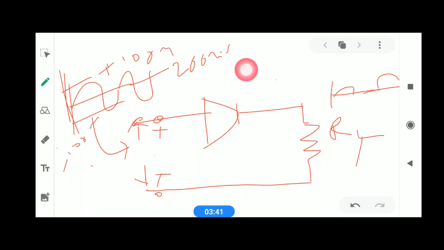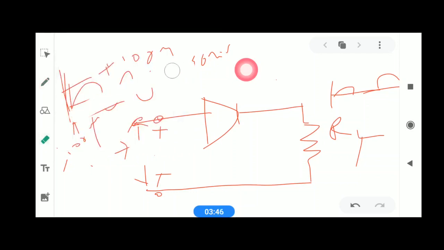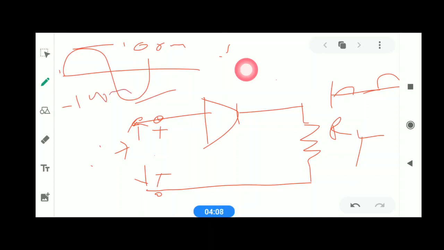So we apply positive voltage up to 100 milli and negative voltage up to minus 100 milli. If you apply this signal here, the diode will not be forward bias at all.